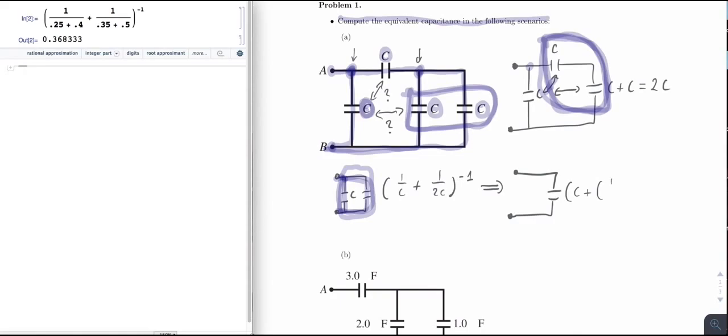And then we got to be careful to keep track of everything.